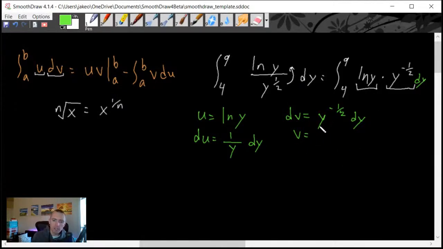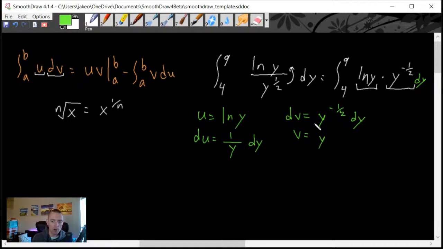So then once we've decided that y to the negative 1/2 is dv, we need to find v by taking the antiderivative of y to the negative 1/2, or take the antiderivative of dv. Well, like I said, to take the antiderivative of y raised up to some constant power, we can just use the power rule.